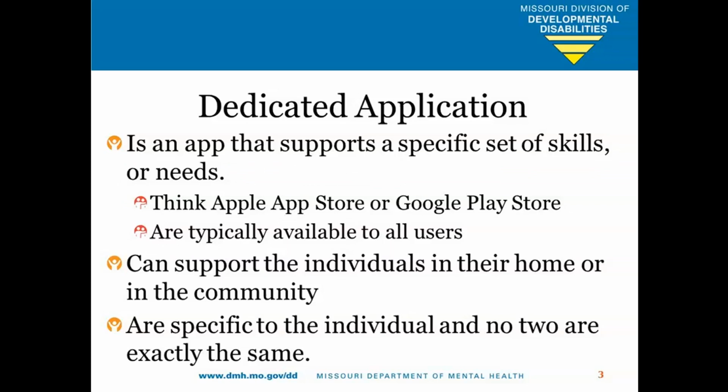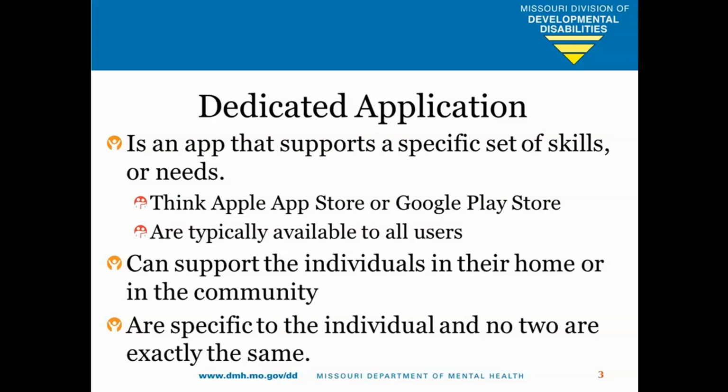So think about them the way you go to your own Google Play Store or your Apple App Store, and you find apps to put on your device that can help you with daily tasks and are available to all users. The really cool thing about a lot of those applications is that they can support individuals both in their home and in their community.